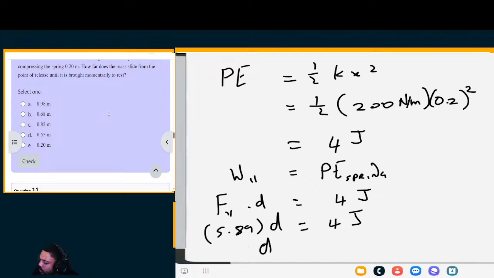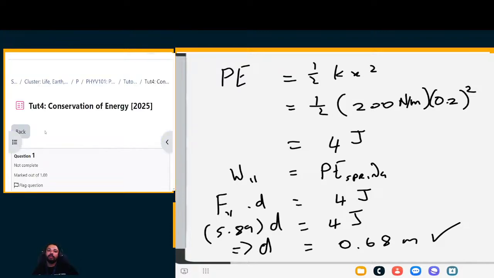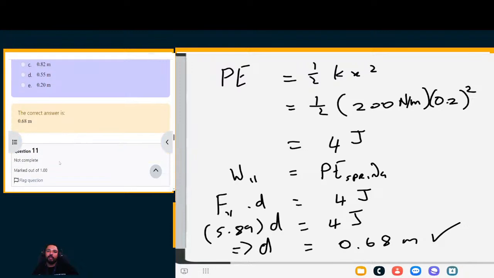Therefore, the distance that this block travels before it comes to rest is equal to 0.68 meters. That's the distance this block travels before it comes to a stop in the spring. And that, ladies and gentlemen, we can check: 0.68 meters. Yes, the correct answer is 0.68 meters.